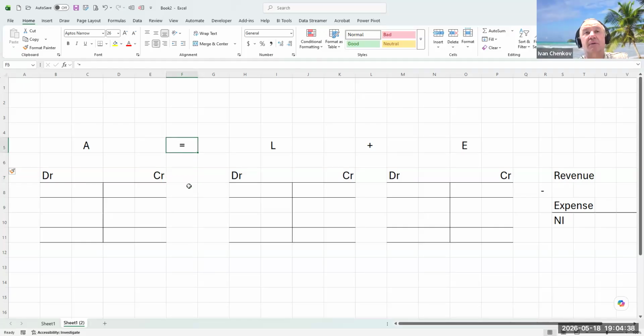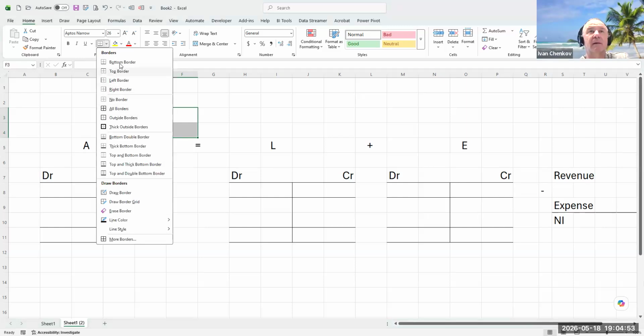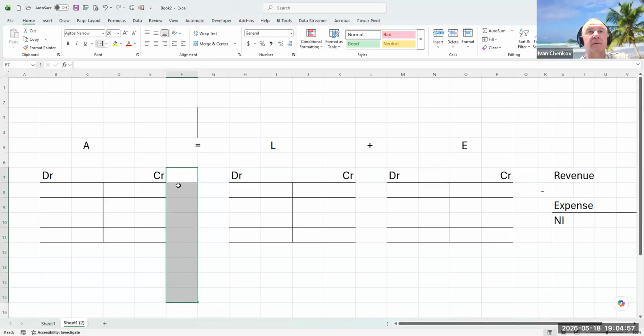As you can see, the accounting equation is split by the equal sign here. That means if we draw a line here where the accounting equation is, let's draw this line here under the accounting equation.